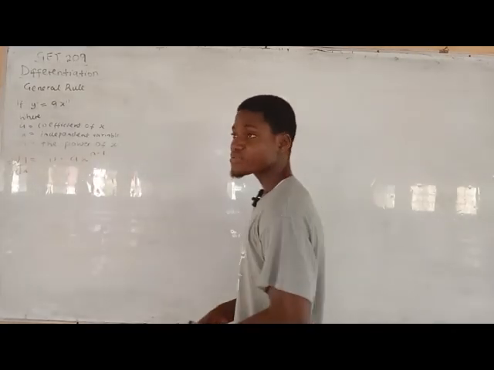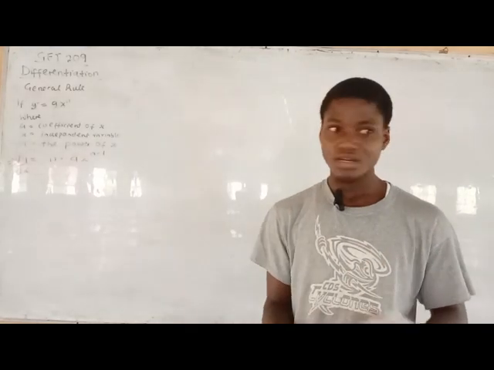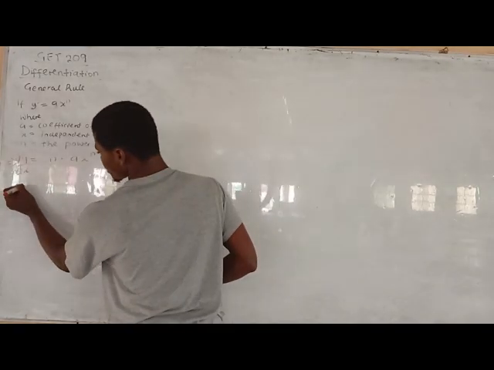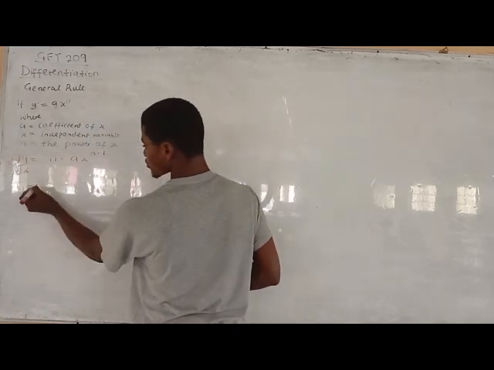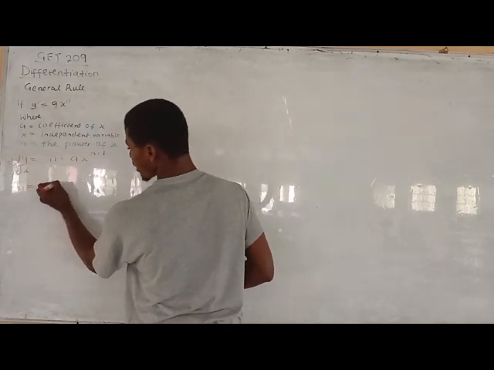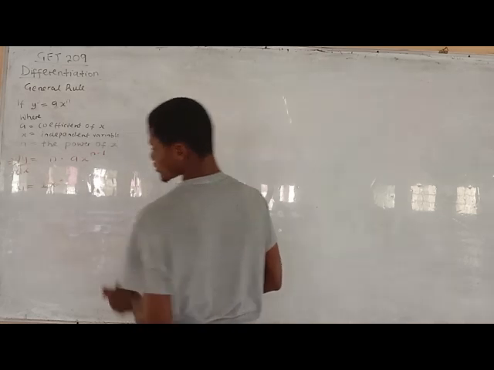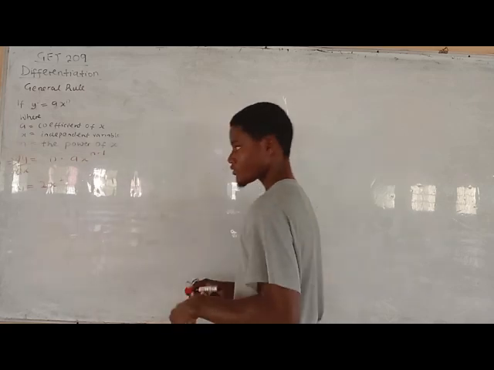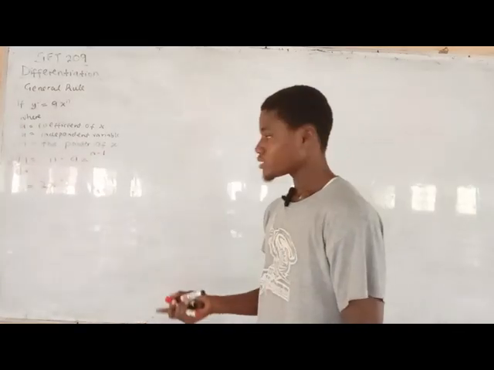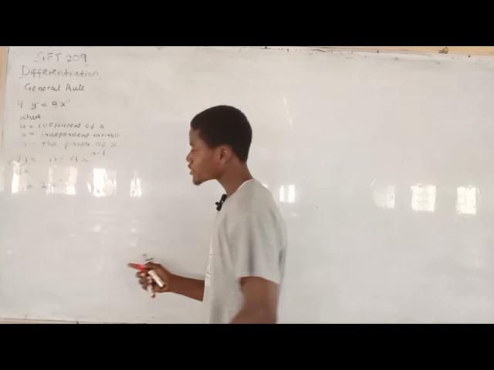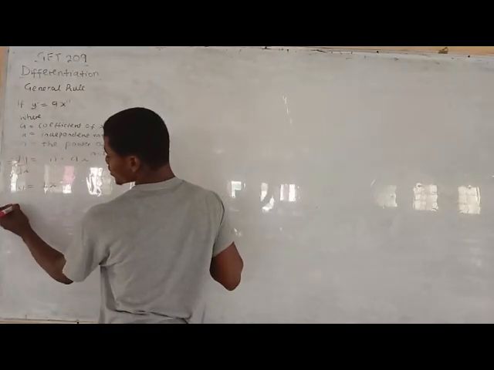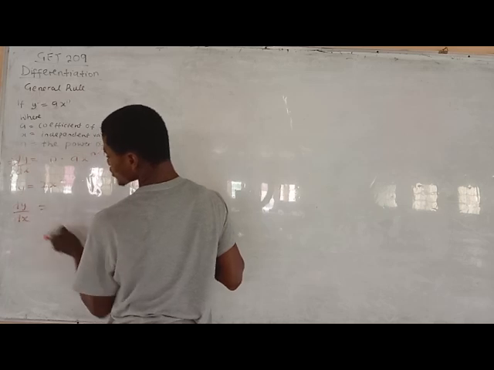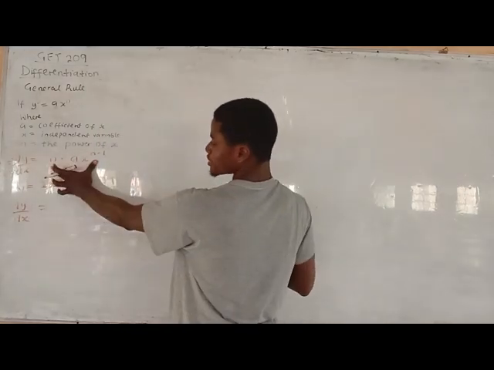So working with this formula, if they give you any equation, and in that equation they say y equals to 2x squared, and they ask you to solve for it, all you need to do is say dy over dx equals to, don't forget this is the general formula.